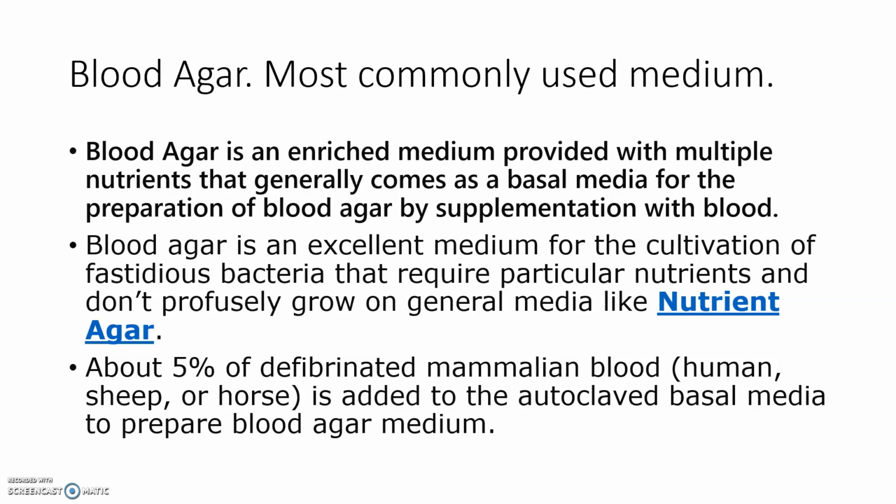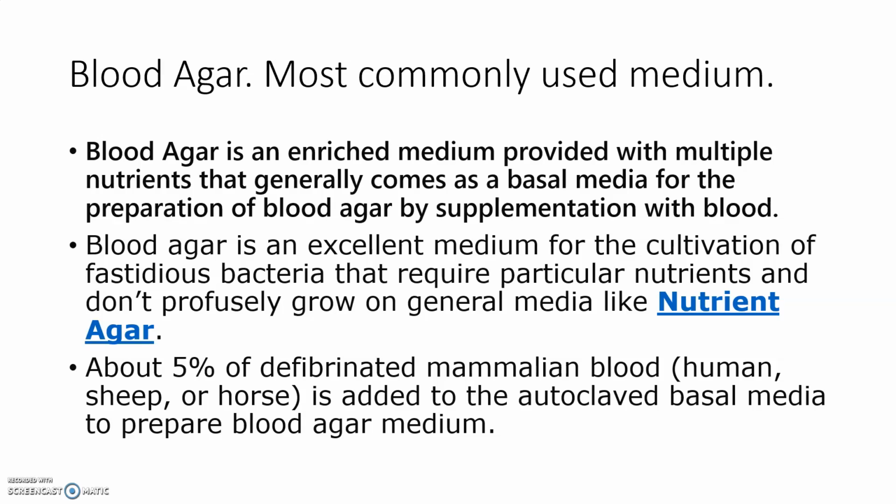It is an excellent medium for the cultivation of fastidious bacteria, that means those bacteria which need special requirements such as vitamins, and don't profusely grow in general media. So the organisms which require particular nutrients are usually grown in blood agar, and they don't grow in a medium like nutrient agar.